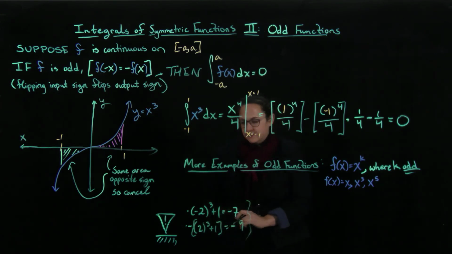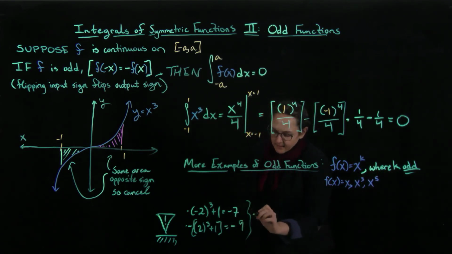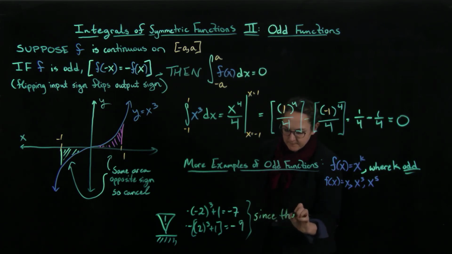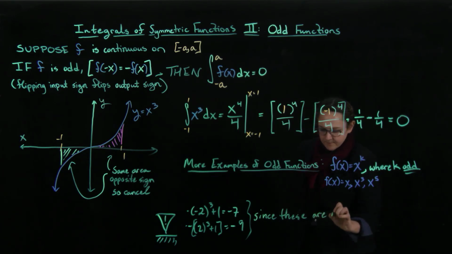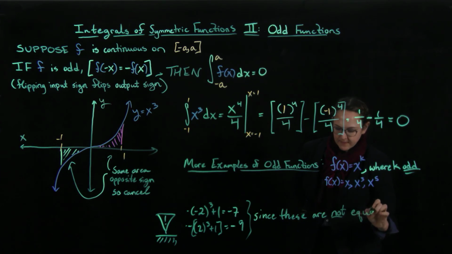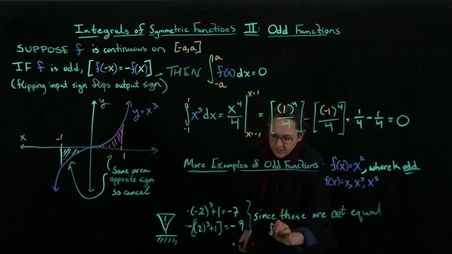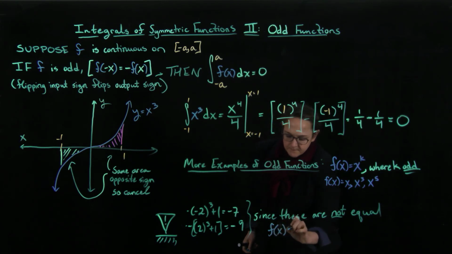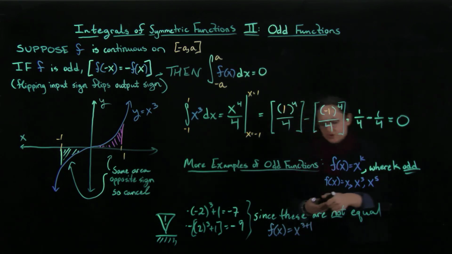Why am I doing this? Because sometimes people ask, what if I put a constant there? Since these are not equal, the function f of x equals x cubed plus 1 is not odd.